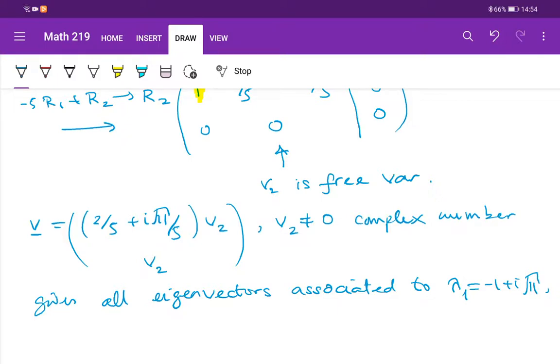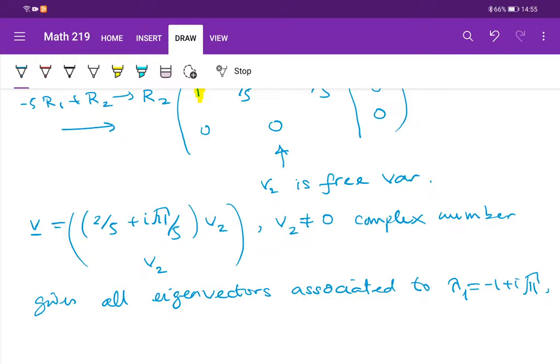There can be no real eigenvectors associated to this eigenvalue lambda 1, simply because we know that the conjugate of that eigenvector must be an eigenvector associated to lambda 2.